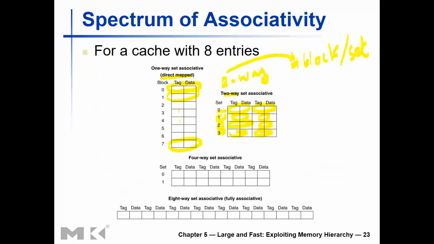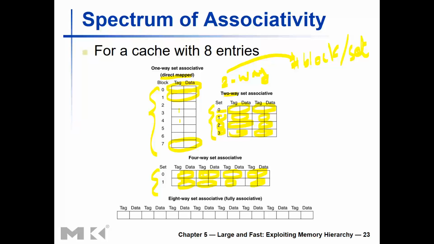Now, how about 4-way? Well, this is a 4-way. Notice the number of sets is decreasing here. We have 8 sets, here 4 sets, and here 2 sets. But in every set, I have 4 blocks. This is set 0, and this is set 1.